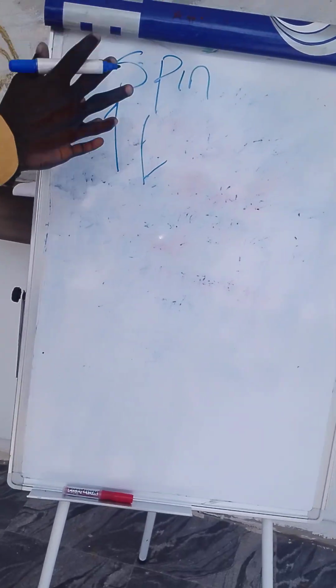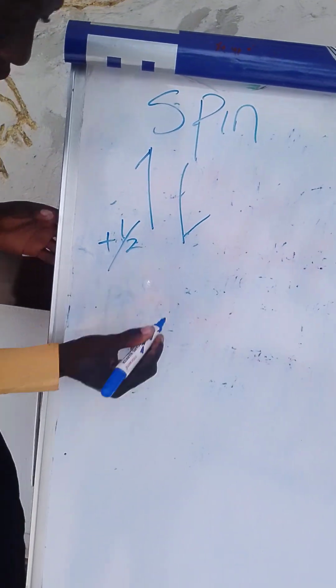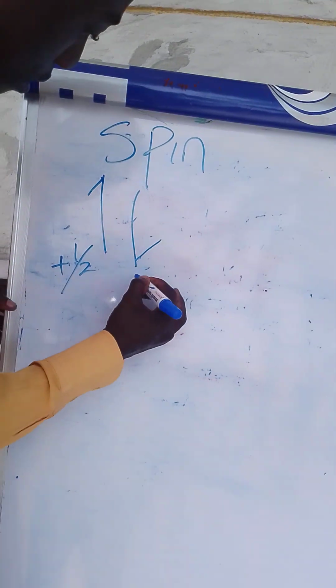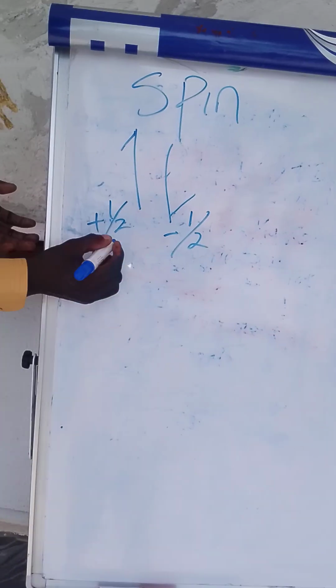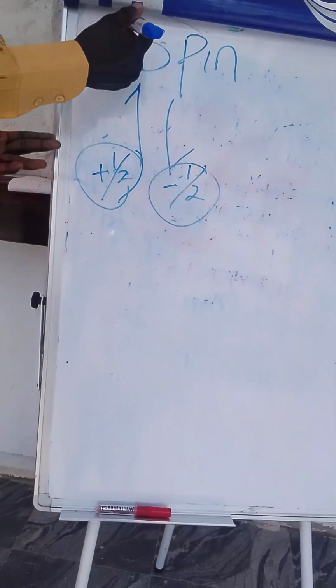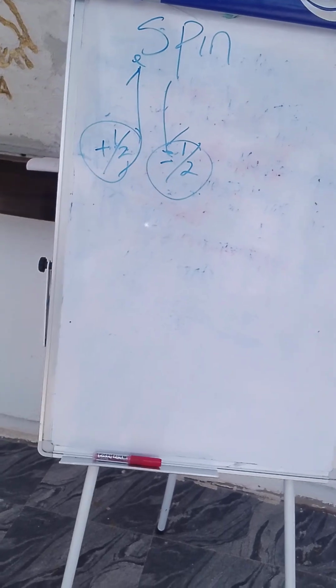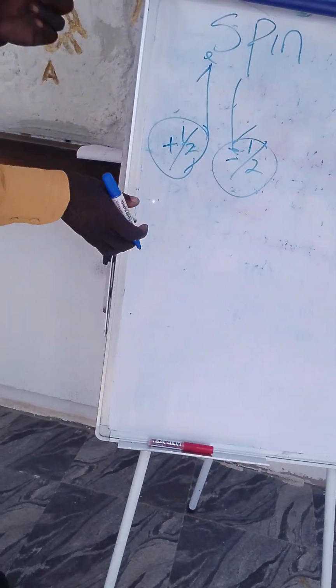If it is going up, that means it's positive half. Then if it's coming down, that's minus half. So the value of spin is always either plus half or minus half. Just the direction of the electron. That's spin. Spin is not hard. I think spin is the easiest.